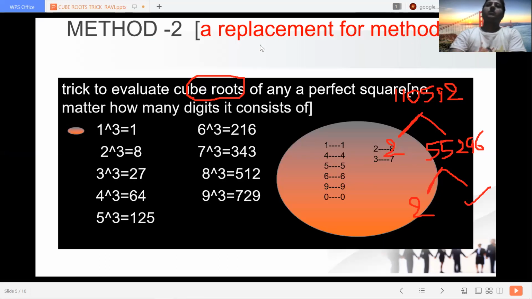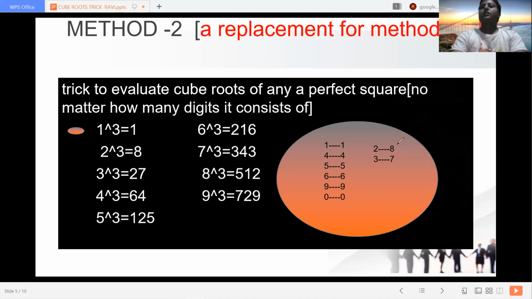Now we have a second method, which, without going into a large factorization, we only have to remember some outcomes. 1 cube always generates 1, 2 cube always generates 8, 3 cube always generates 7, 4 cube always generates 4, 5 cube always generates 5, 6 cube 6, 9 cube 9, 0 cube 0, 8 cube always generates 2, 7 cube always generates 3.